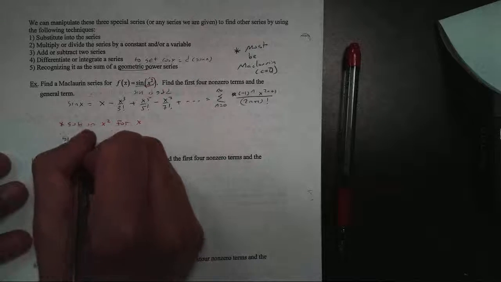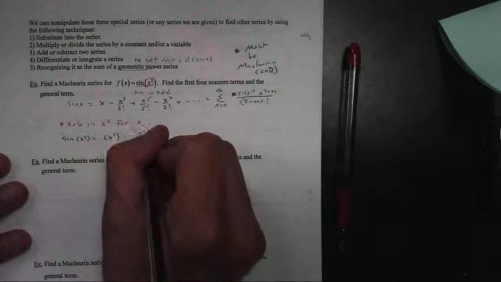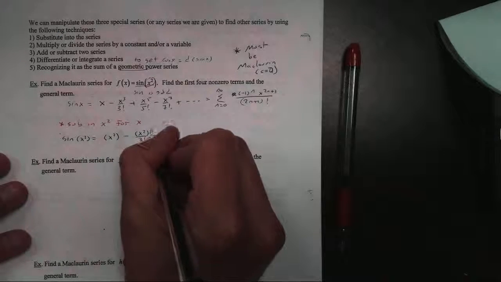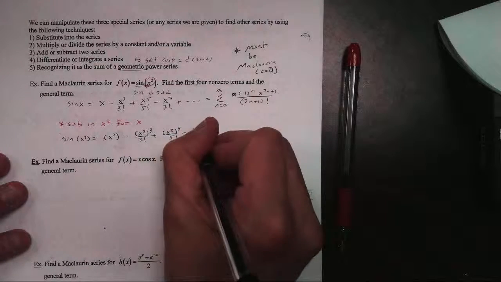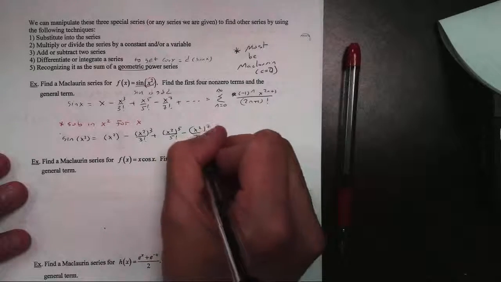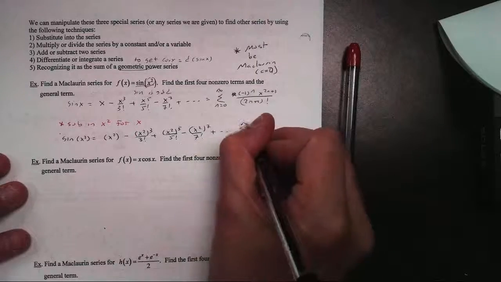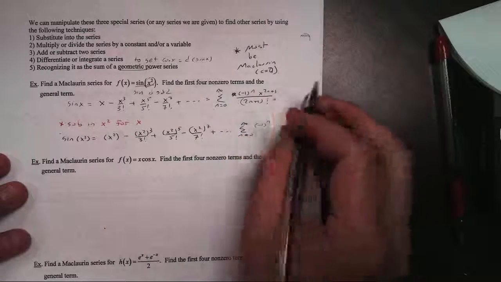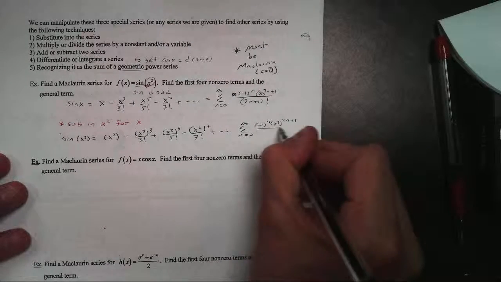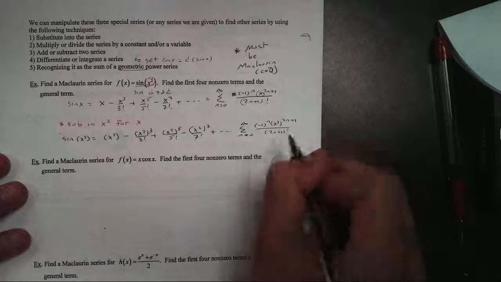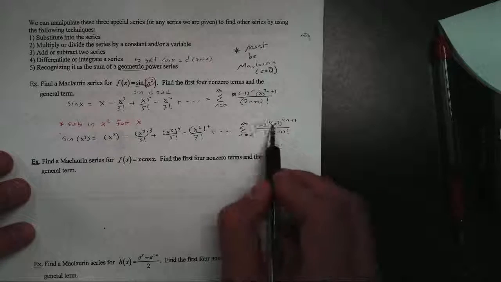So the sine of x squared will equal x squared minus x squared cubed over 3 factorial plus x squared to the 5th over 5 factorial minus x squared to the 7th over 7 factorial plus dot dot dot all the way to my general term, negative 1 to the n. Now watch what I'm going to do here. I'm going to replace that x with x squared to the 2n plus 1 over 2n plus 1 factorial. Just replace all my x's, even in my general term.